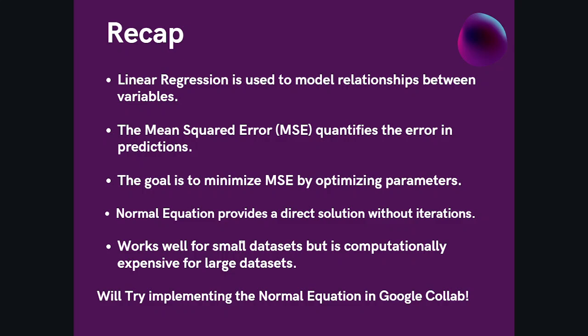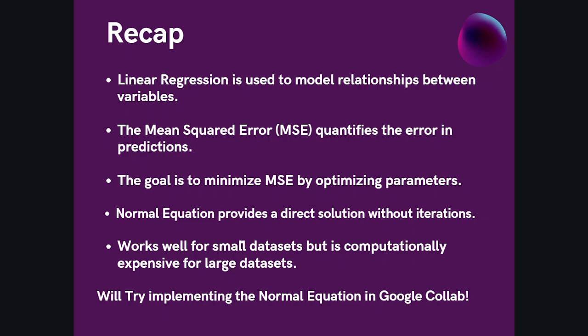There is no need to choose a learning rate, and hence we don't have to iterate all the way through all the models to find the best model parameter. So this is one advantage of the normal equation. It works well for small datasets, but it is computationally expensive for large datasets.